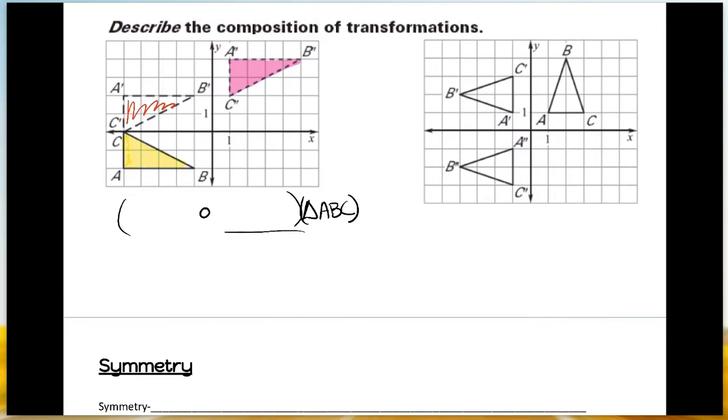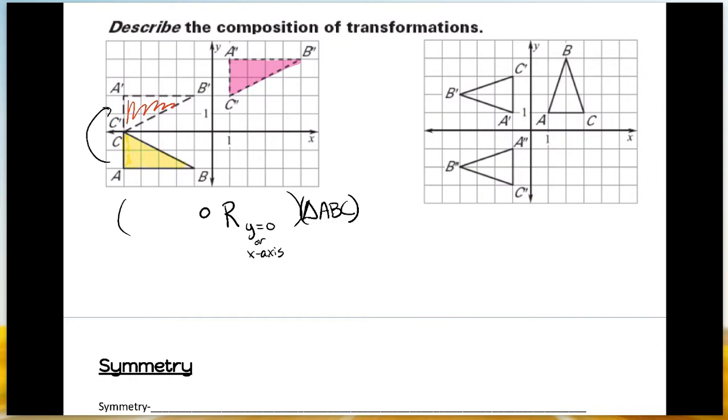So the first thing that we're going to do to get from my A prime to my A double prime there is we're going to reflect. So we are going to reflect, and we are going to be reflecting in a certain line. You could either call it the x-axis, or you could say it's the line y equals 0, or the x-axis. Either of those answers would be correct.